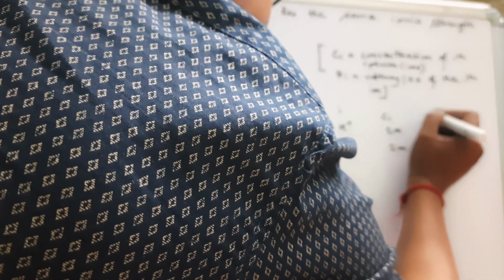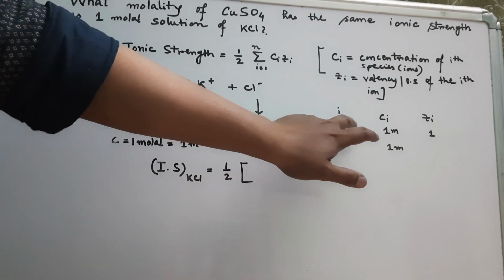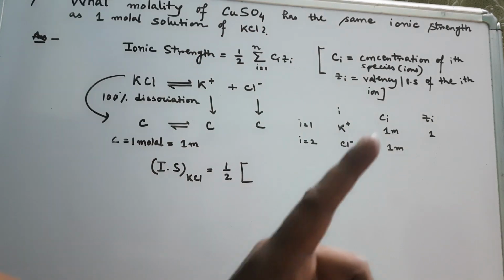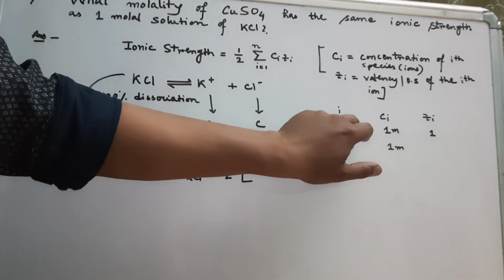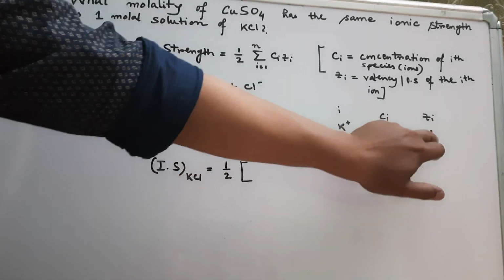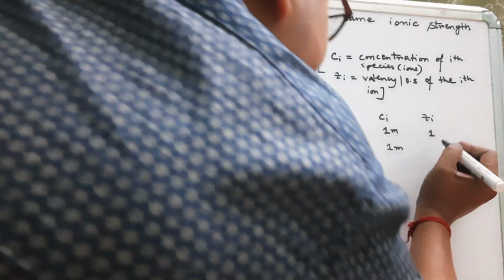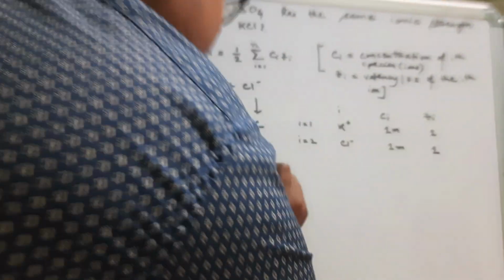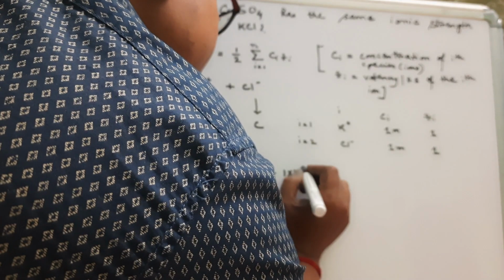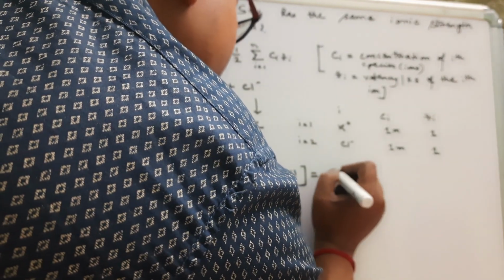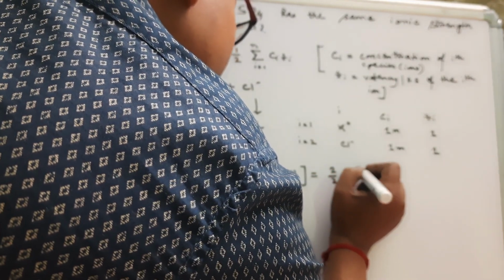The oxidation state of potassium, that is K plus, is 1, so Zi equals 1, and for Cl minus, Zi also equals 1. So here 1 into 1 plus 1 into 1, that means 2 by 2 equals 1.